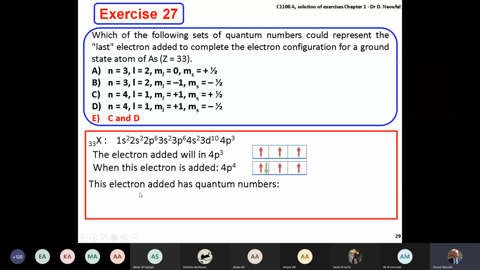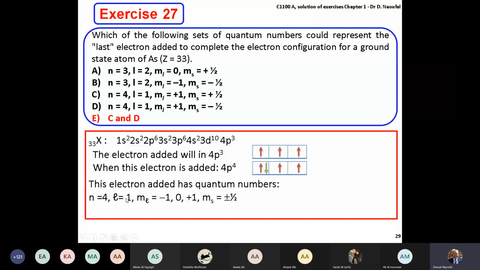So this electron added has quantum numbers. First, it's added in level 4, so n equals 4, and in sub-level p, so l equals 1.